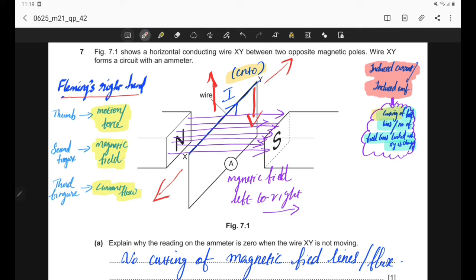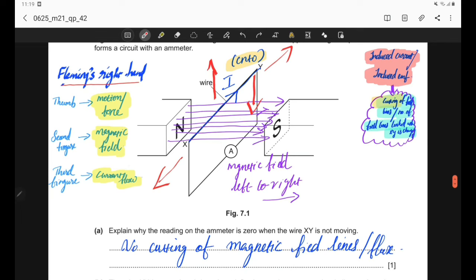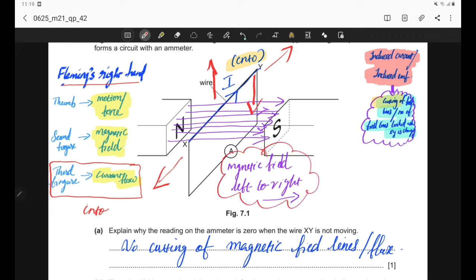Now in this case, we have the direction of the flow of current, that is into the page, which we already discussed and which is mentioned in the question. So the current flow, third finger or the middle finger, you should point into the page. And the other direction we have is the magnetic field, that is from left to right. So here the second finger represents the magnetic field, and you should point it from left to right.